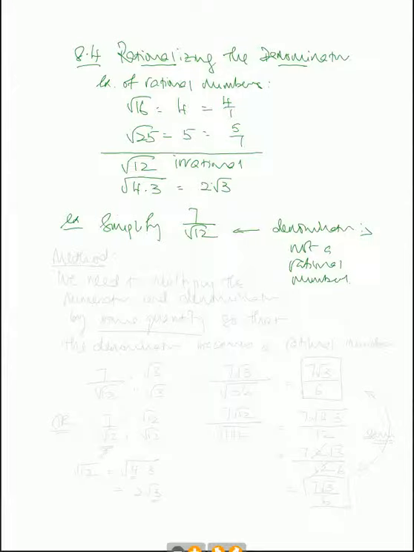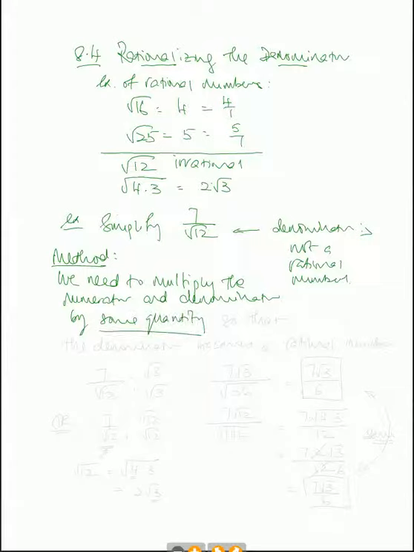So this is the method. You have to multiply. This is how you have to think about it. We need to multiply the numerator and denominator by some quantity. You have to decide what.